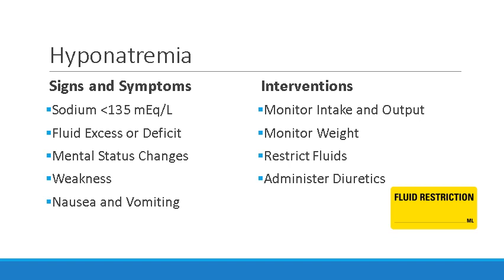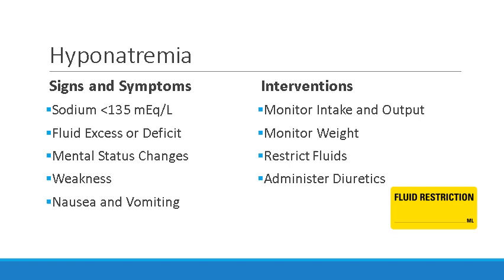So this may be a client that felt fine and now they're confused, or they were fine and now they're kind of disorientated and they can't quite answer questions how they used to, or they don't quite know where they are. You can also see personality changes for someone that has hyponatremia. So a good example of this is knowing your client's baseline.